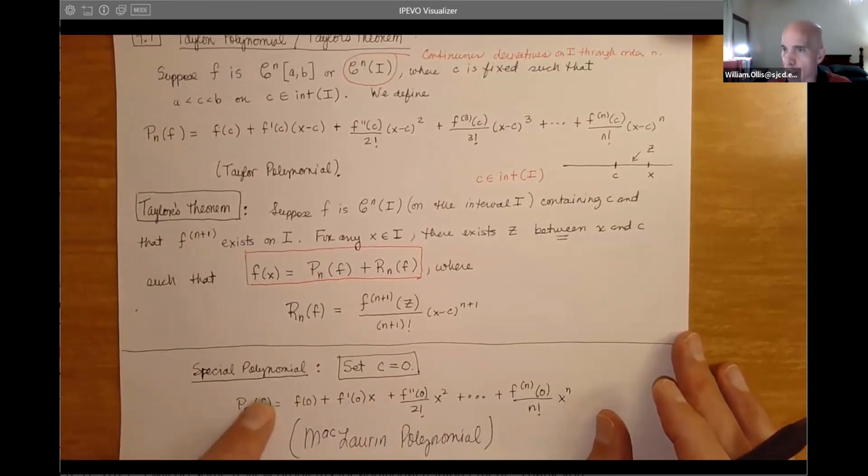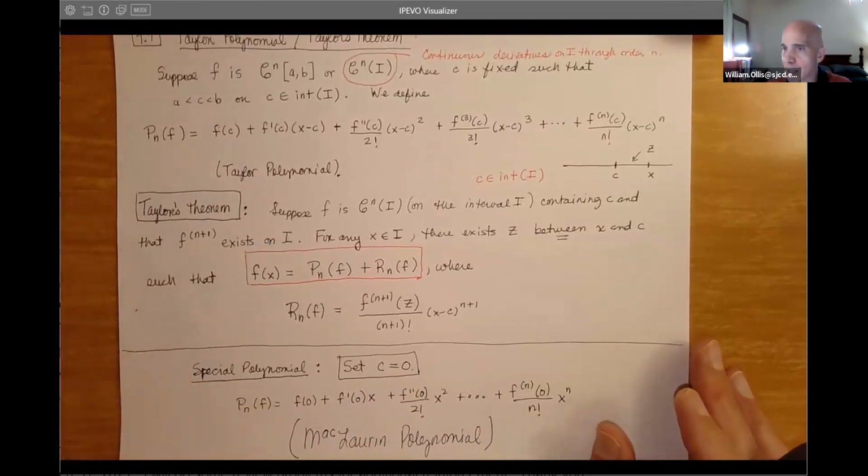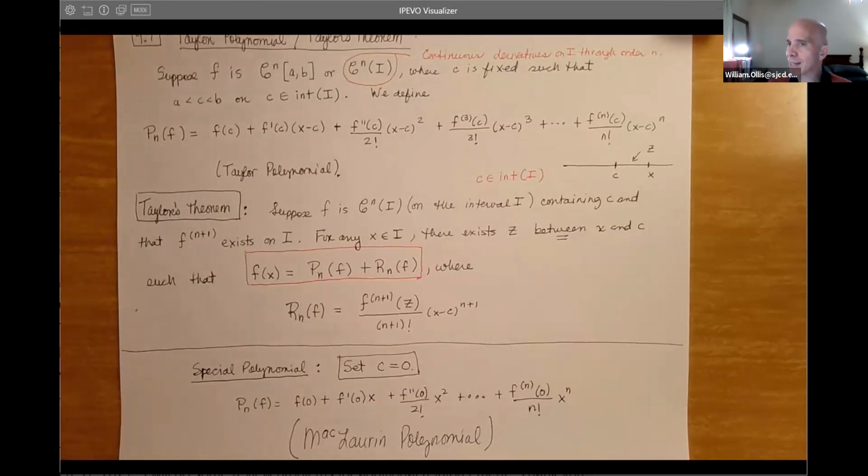Of course, the function has to make sense at 0 and all these derivatives have to exist. But if you think about some of your nice functions, it turns out to be good. Now, of course, we have some functions that exist at 0, but then if we go to the left, they're not defined, like square roots and things. So we have to be kind of careful when we pick a c and keep in mind all of our college algebra.